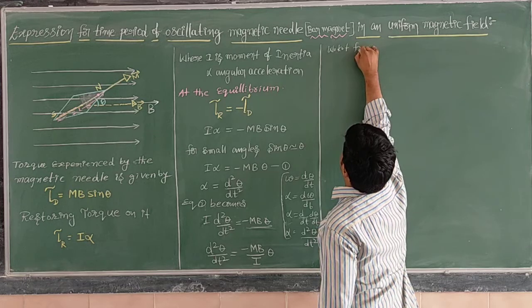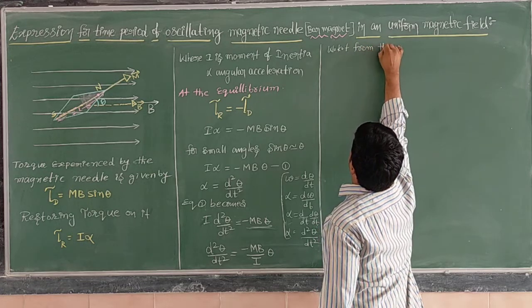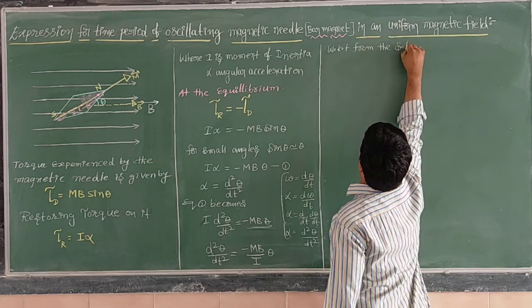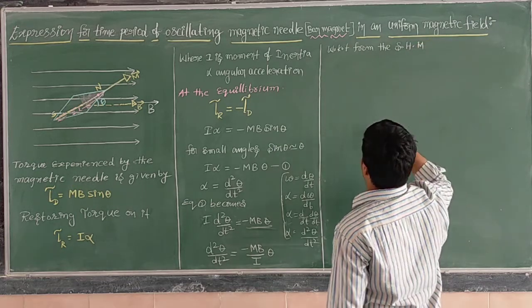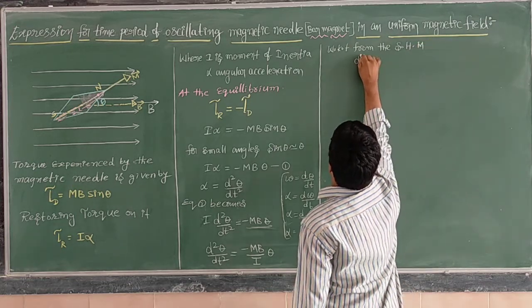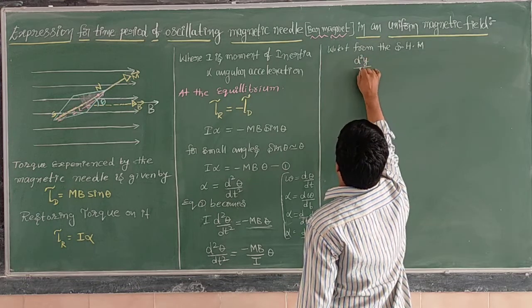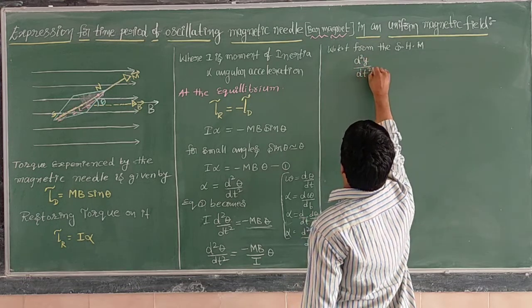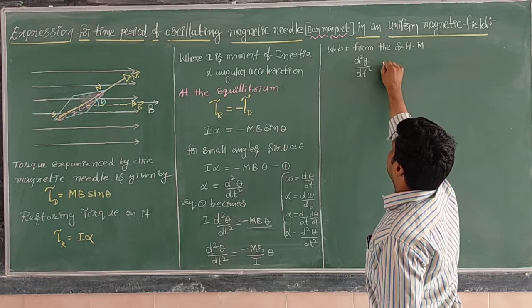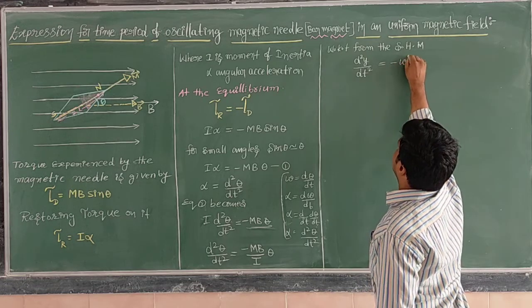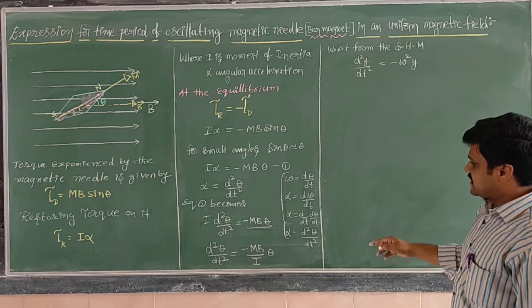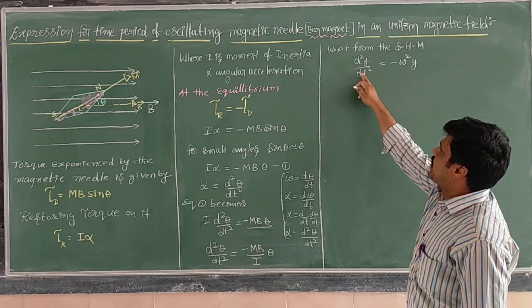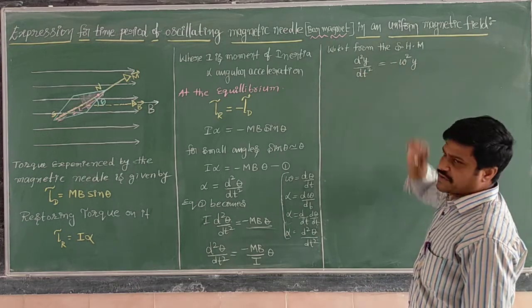Next, afterwards we know that from simple harmonic motion, one of the equations we can write is d square y divided by dt square is equal to minus omega square into y. This is the second order derivative simple harmonic motion equation.